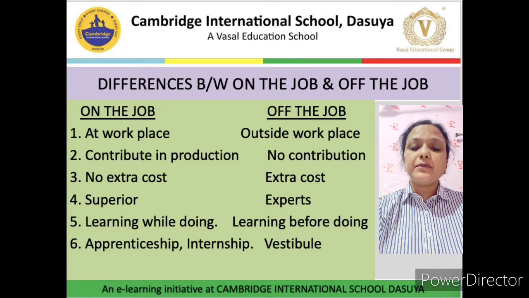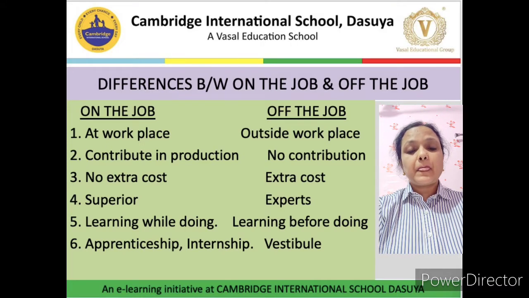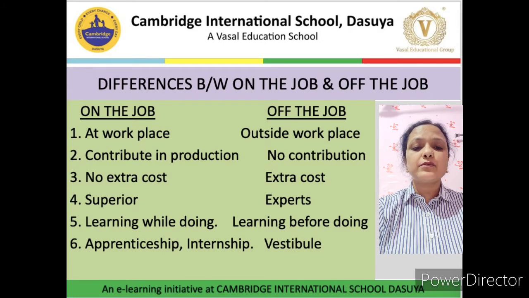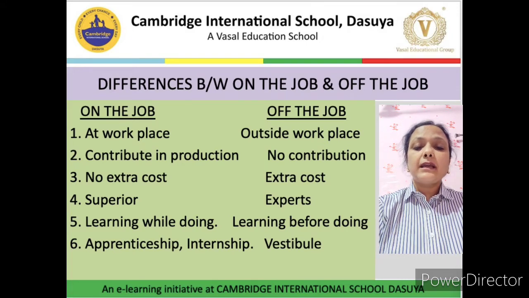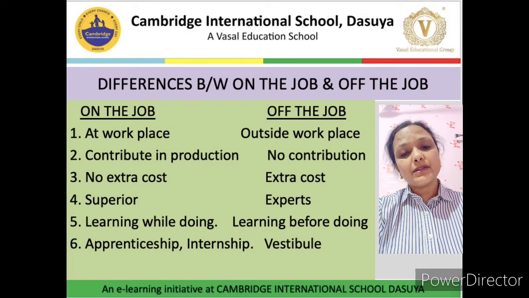There is no contribution in production at off the job training. And on the job training does not involve any kind of extra cost because it is done at the workplace only under the guidance or supervision of a master worker. And off the job training involves extra cost because outside the organization you are going to learn new skills.